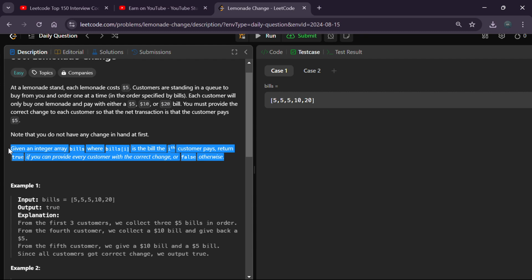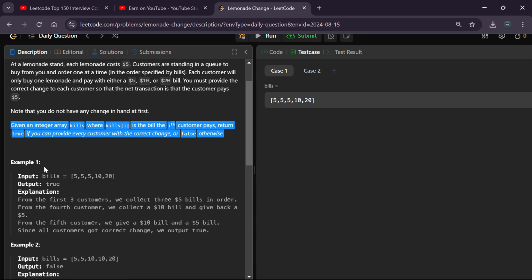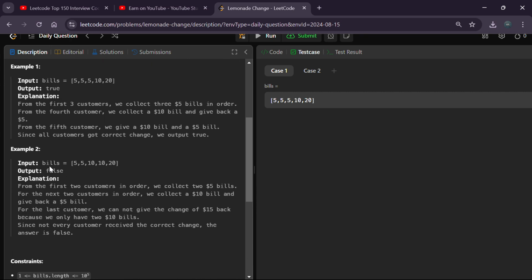That's the problem. So let's discuss some examples here. In example one, the bills are given as 5, 5, 5, 10, 20. The first customer comes with $5, the second $5, the third $5, the fourth customer a $10 bill, the fifth customer a $20 bill.